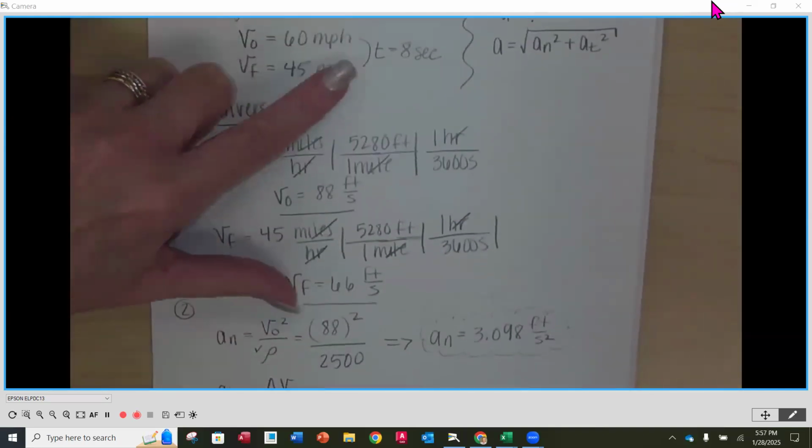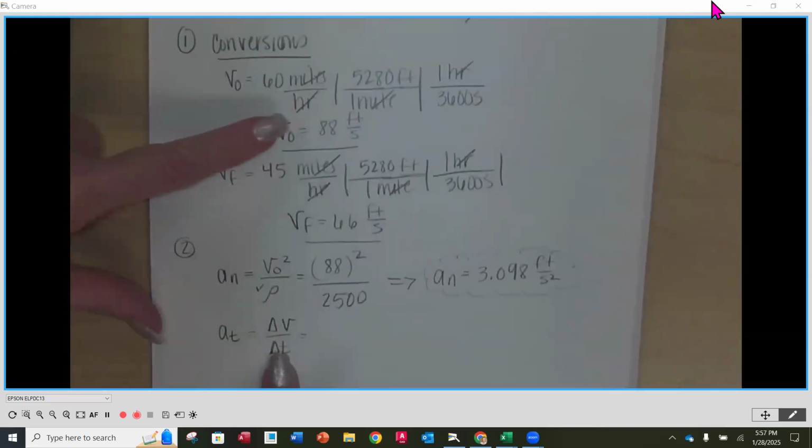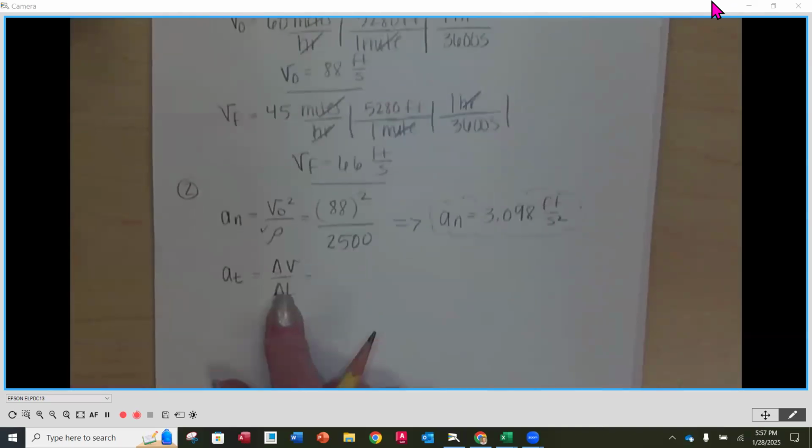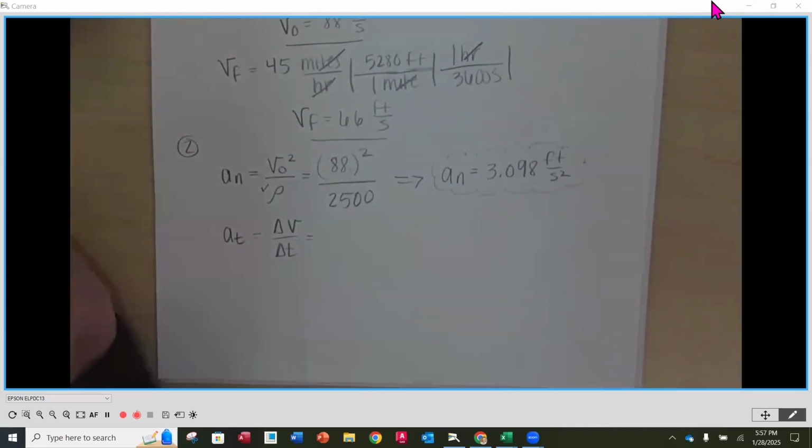This time is going to be the time to go from 60 miles per hour to 45, okay? But remember, we're not using these values. We're using these two values. Now, when we show this in its term, we know that the brakes are going on.